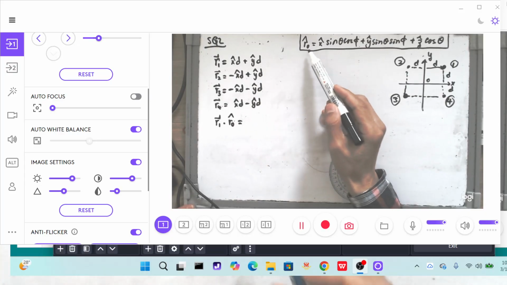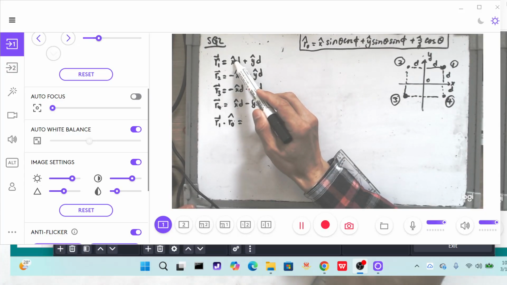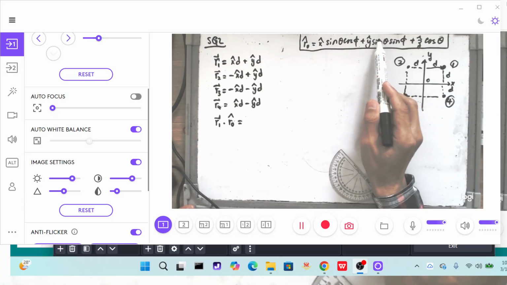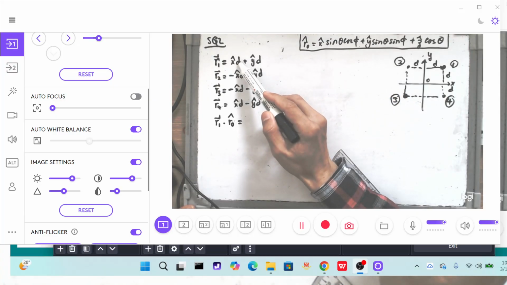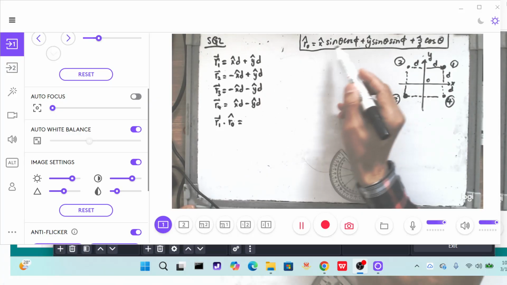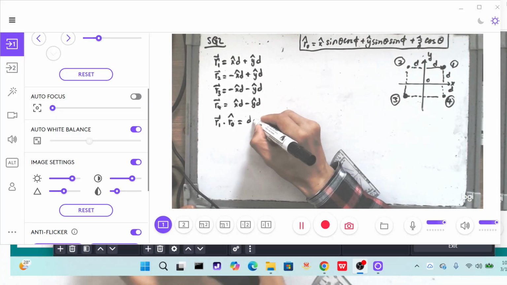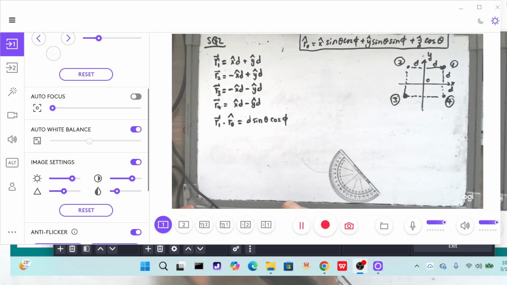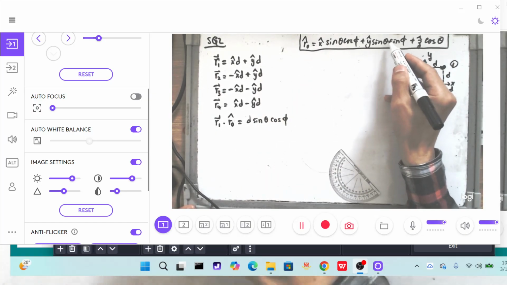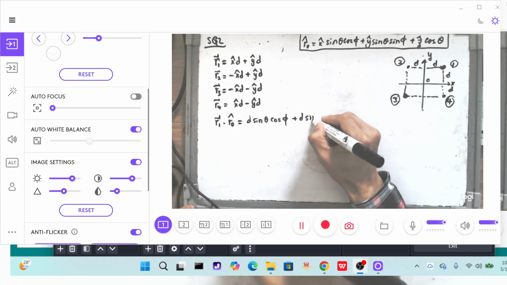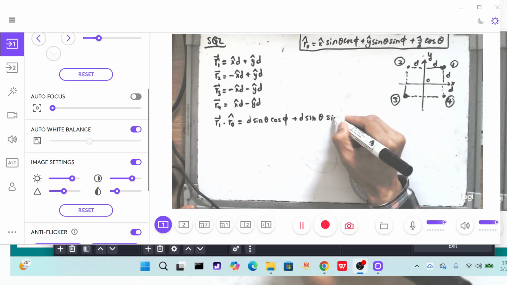Now remember how we can do dot product, right? X hat is never at 90 degrees. In this case, we just multiply the magnitudes of x hat and x hat together, and in this case, d sine theta cosine phi, and then for the y hat, d sine theta sine phi.